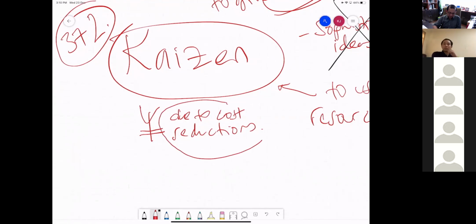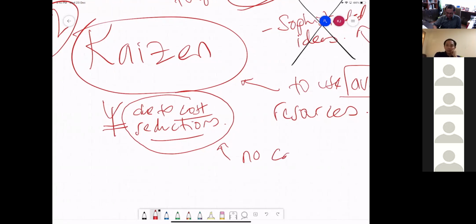So we get money because we reduce cost, but no modal. No capital. That's the idea of Kaizen.